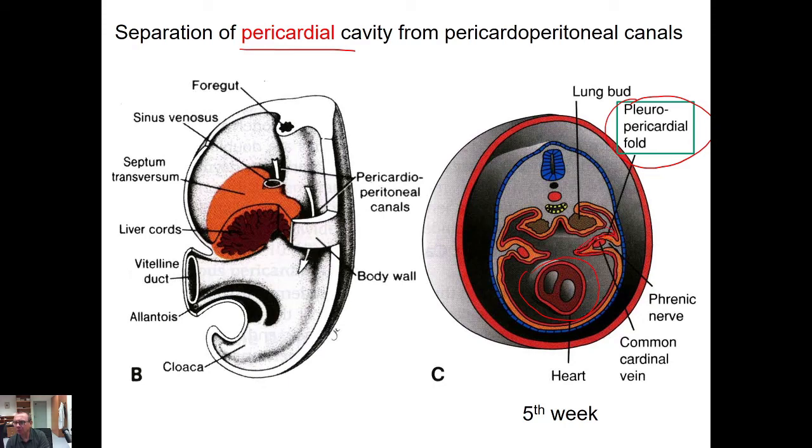So it is one motor of formation of pleuropericardial folds. Another motor is the existence of special common cardinal veins. We will speak about the development of veins later, so it doesn't matter that you don't know what it is, but common cardinal veins are situated in the pleuropericardial folds, and they tend to go to the central area and fuse.